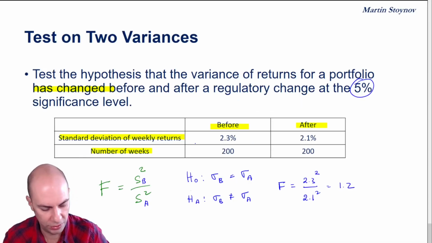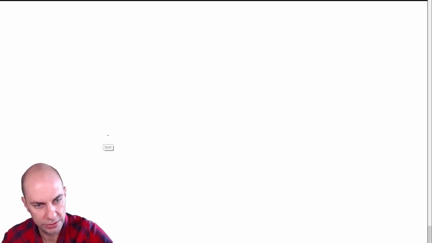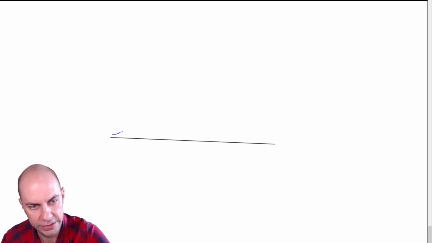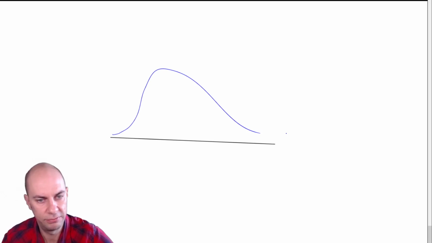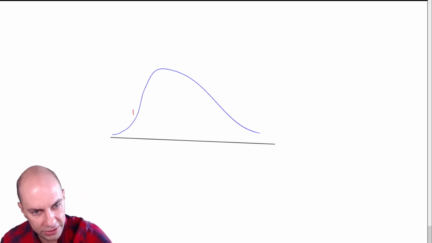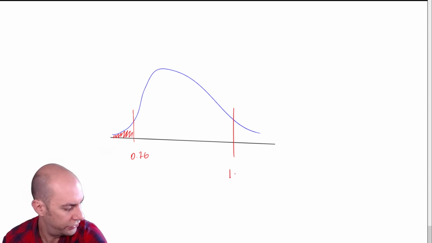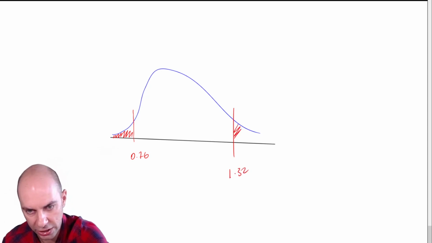Again, if you want to visualize that, you can. So let's have a look. The F distribution is an asymmetrical distribution, but that doesn't matter. We've got 0.76 on this side as a rejection tail, and here we've got 1.32, another rejection tail.